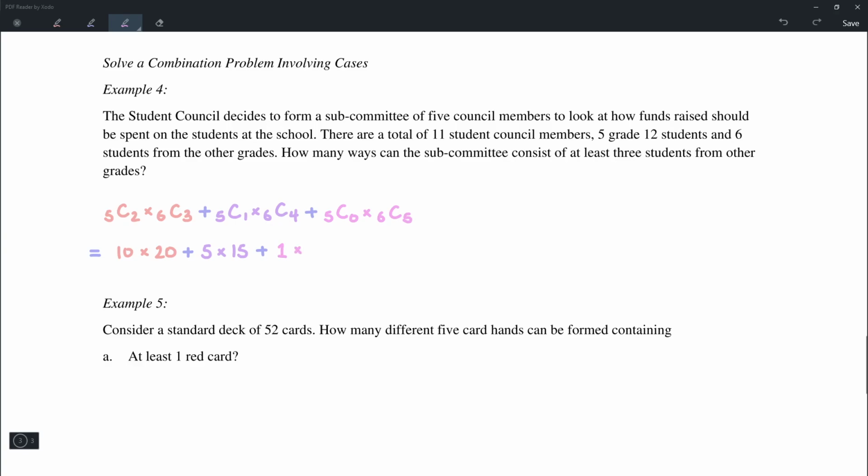And then 6 choose 5 is going to be 6. From there, we can multiply everything out. So that will give us 200 plus 75 plus 6, which gives us 281 ways of forming the subcommittee.